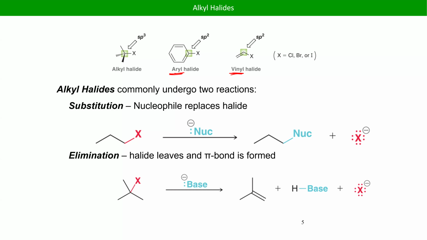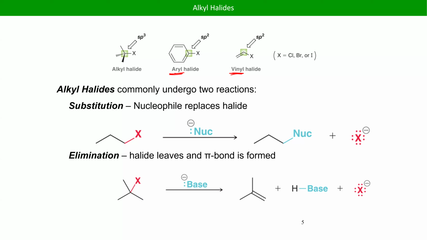Our other version of an alkyl halide reaction is if you put it with a strong base, you can essentially kick the halide off still, but you're gonna make a new pi bond between two carbons as a result.